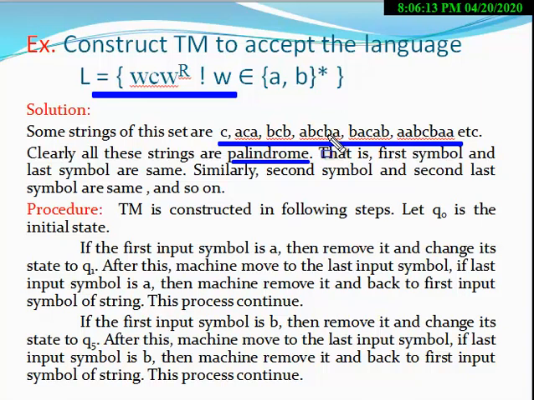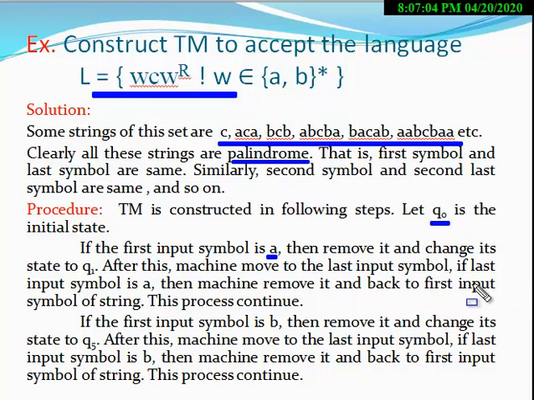So now the procedure is this. First we start the machine from the state Q0. The first input symbol in state Q0 may be either A or B or C. If the first input symbol is A, then we replace the input symbol A by some tape symbol and change its state, and the machine moves to the last symbol of the string.